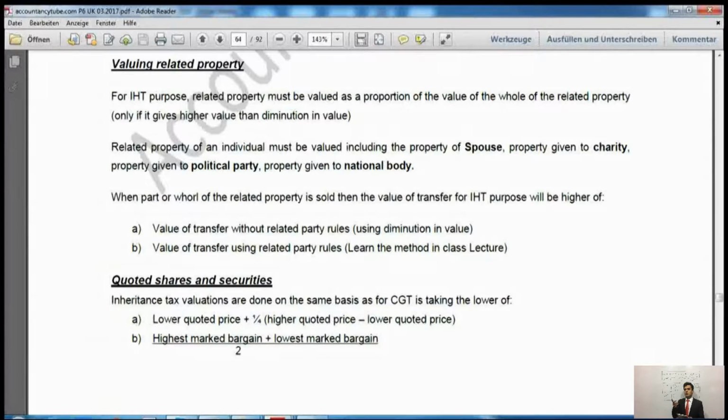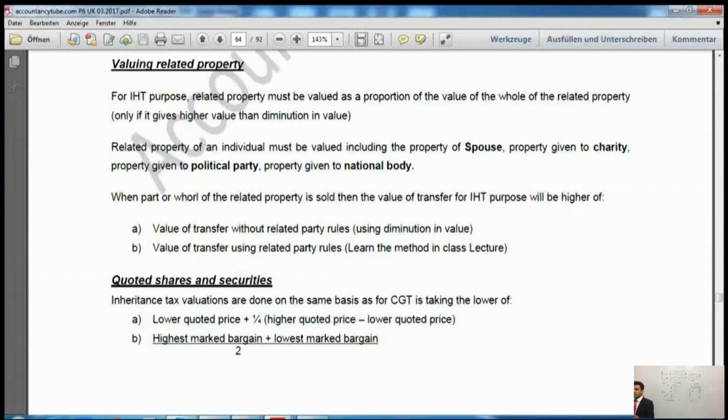First one was spouse, second one was charity, then political party, and in the last it was national purposes. Now if any of these 4 people hold some shares or hold some property, then I will have to include the value of all of them in my own value. We will see a question in a while so that you will understand it better.